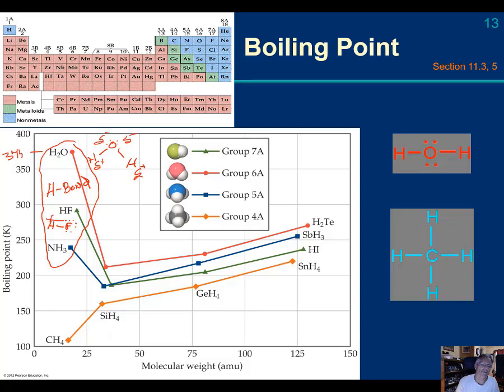It is very polar. It will hydrogen bond. Ammonia, you saw, looks like this. And these all are good hydrogen bonding molecules. So they all have relatively high boiling points relative to molecules that have the exact same shape.